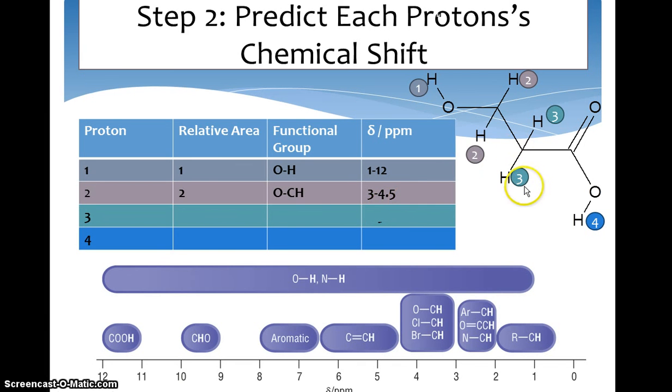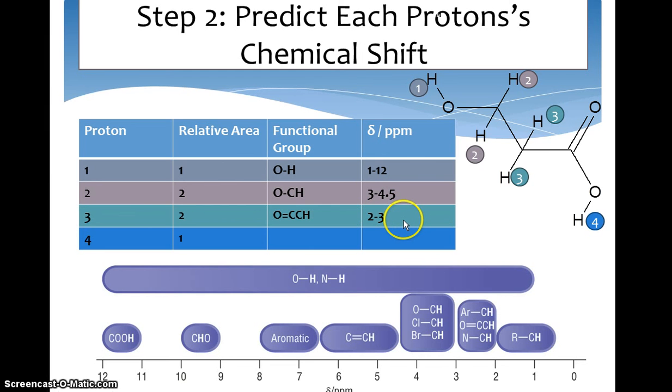And then we've got this hydrogen, which again has a relative peak area of 2. This is next to a carbon which is next to a carbon with a carbonyl group, so that gives us a chemical shift of between 2 and 3.